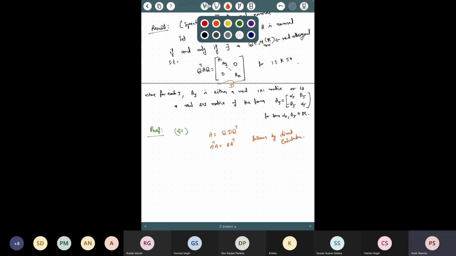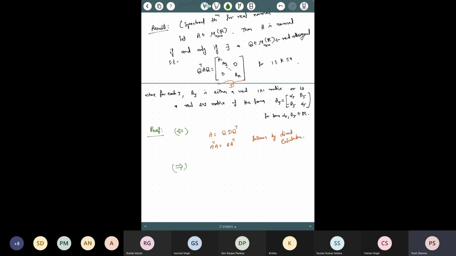Okay. Now look at the if direction. Suppose that we have a matrix A which is normal, and now we have to prove that there exists a real orthogonal matrix Q such that Q transpose AQ is in this block diagonal form. Okay.